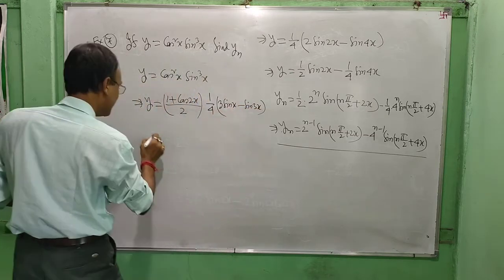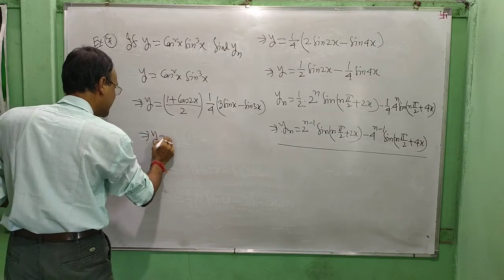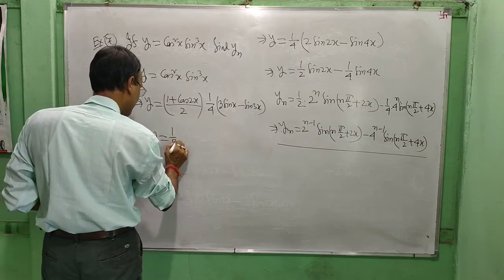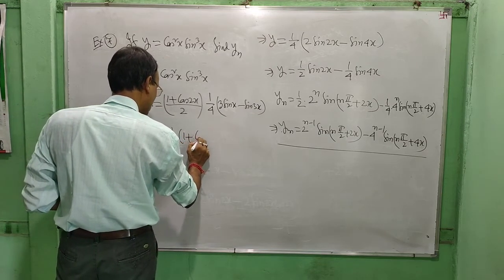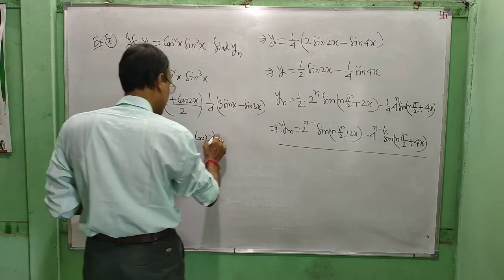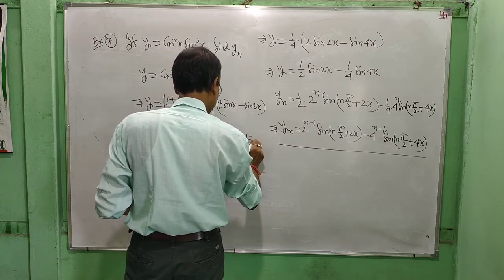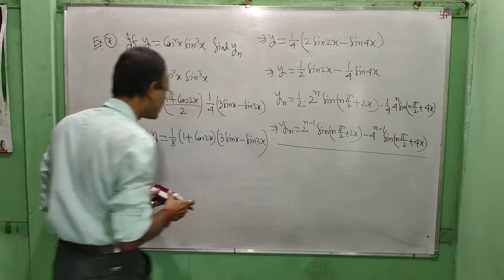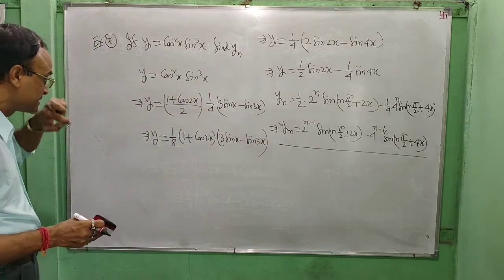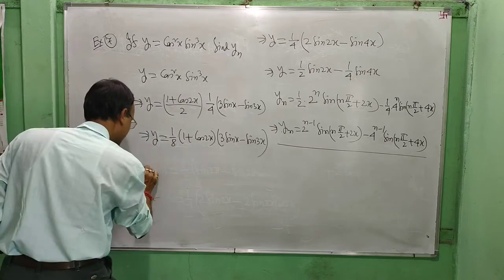Or y is equal to 1 by 8, (1 plus cos 2x)(3 sin x minus sin 3x).